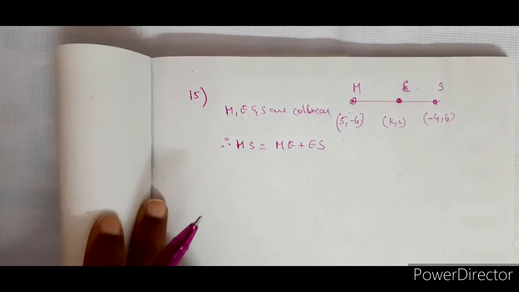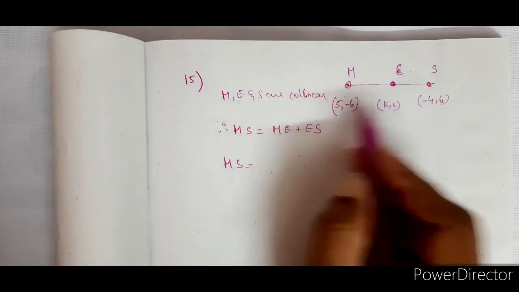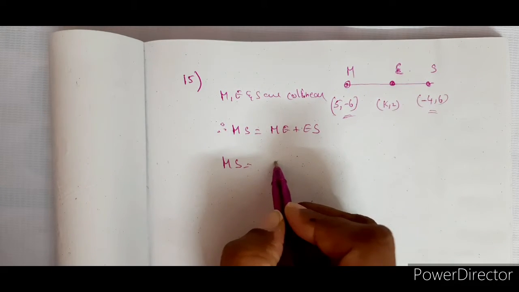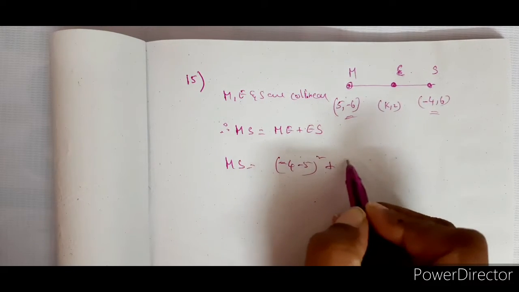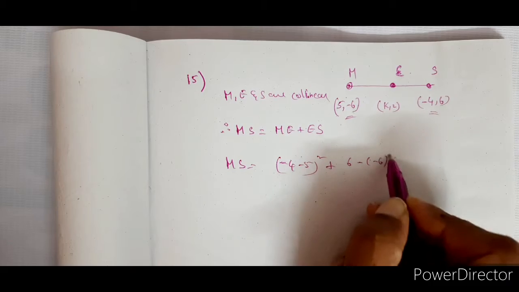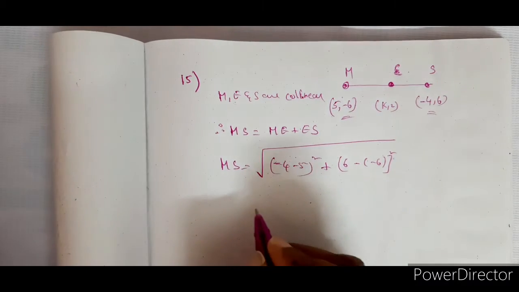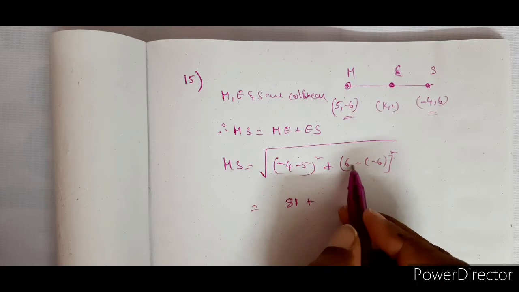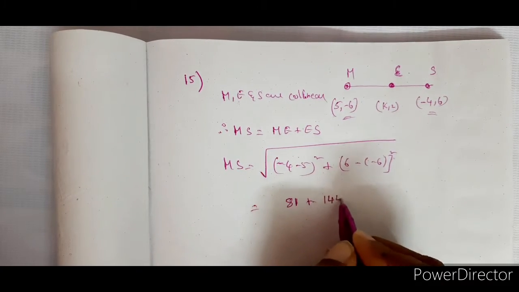Now let us do the same thing. Let us find MS. MS is equal to the distance between these 2 points. So that is the square root of (-4 - 5) whole square plus (6 - (-6)) whole square. So that is 9 square, 81, plus 6 plus 6, 12 square, 144.